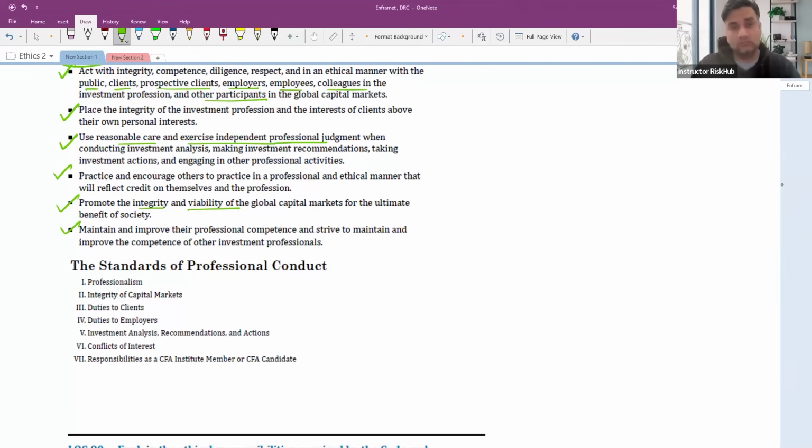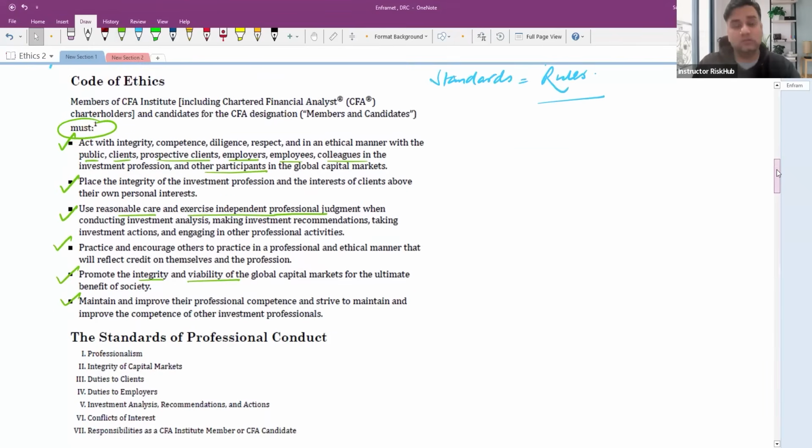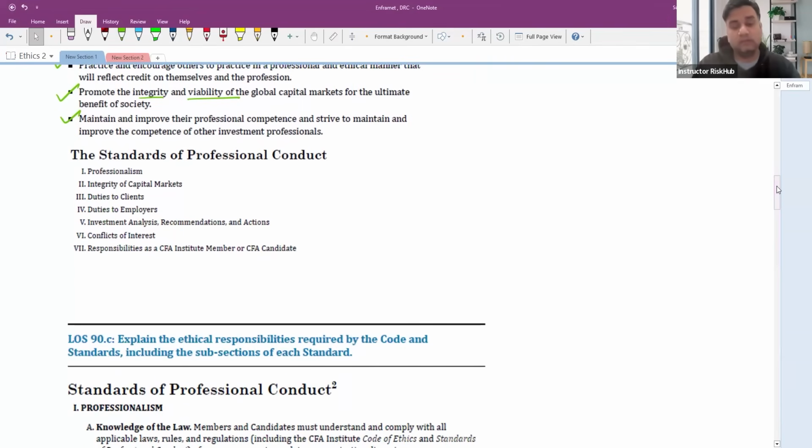This is the Code, not just your Standards, right? Keep that in mind. The Code is your principles, which I wrote above also. Standards are rules, right? So you should be aware of the difference between the Code and Standards. Then you have the seven Standards of Professional Conduct.